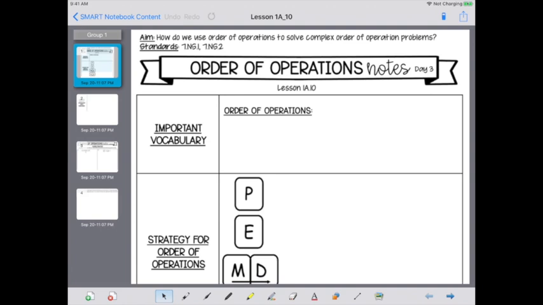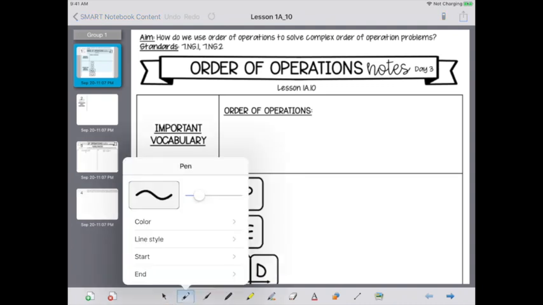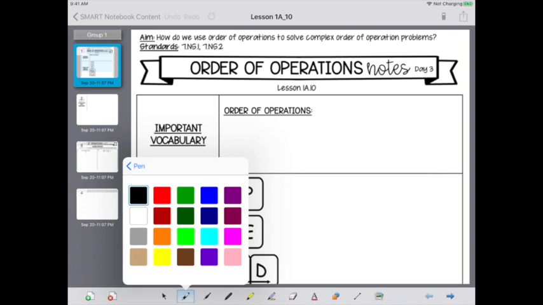So we're going to start how we've started in the past. We are going to write the definition for order of operations.